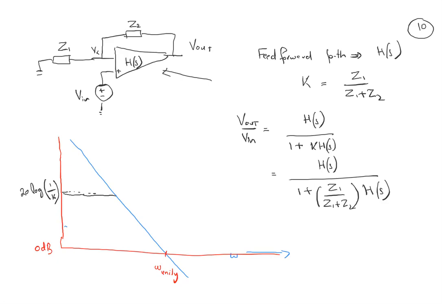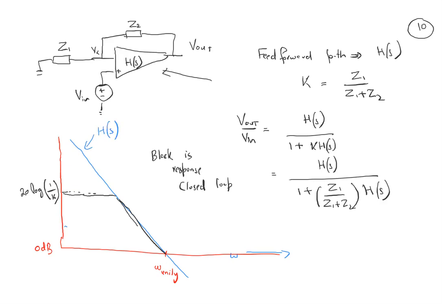Earlier it was infinity at s equal to 0. Now it's 20 log of 1 over k, and at higher frequency it's going to behave like the same thing. So now this black one is the response of the closed loop, where the blue one is open loop.